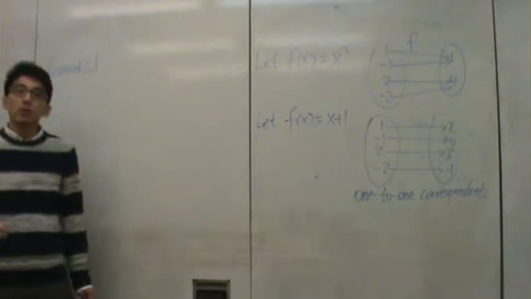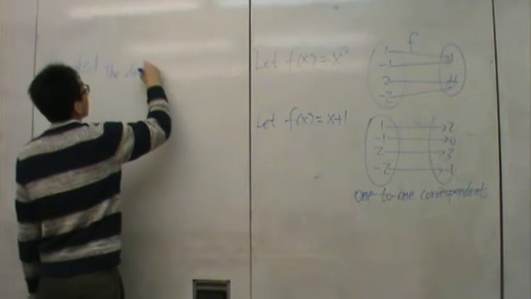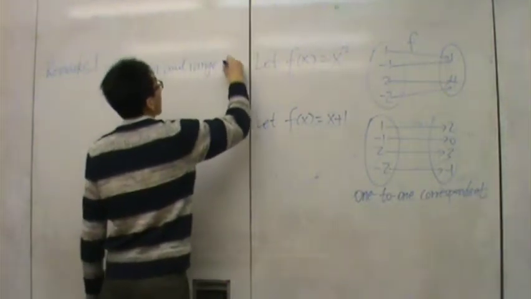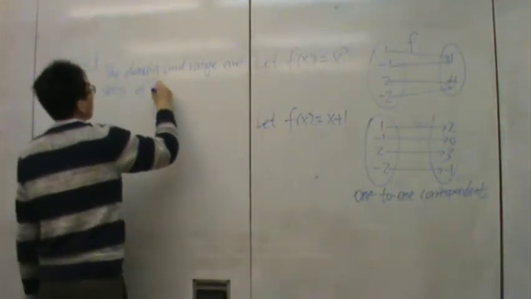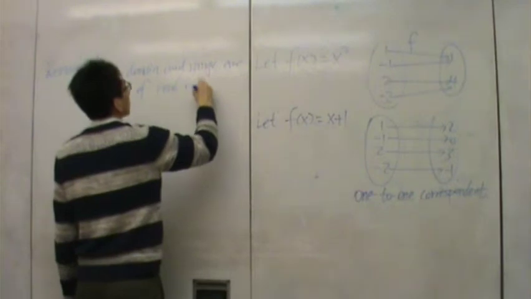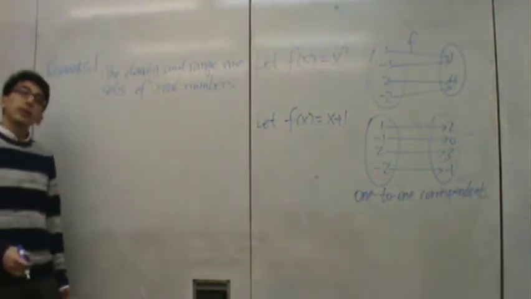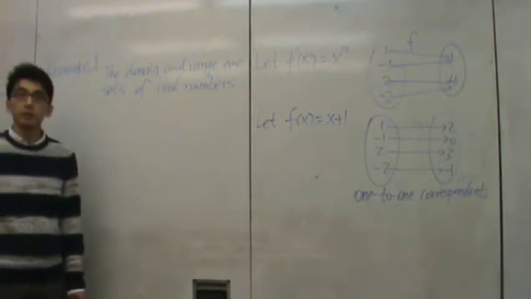We will consider functions whose domain and the range are sets of real numbers, although the domain and the range could be sets of something else, for example, complex numbers.